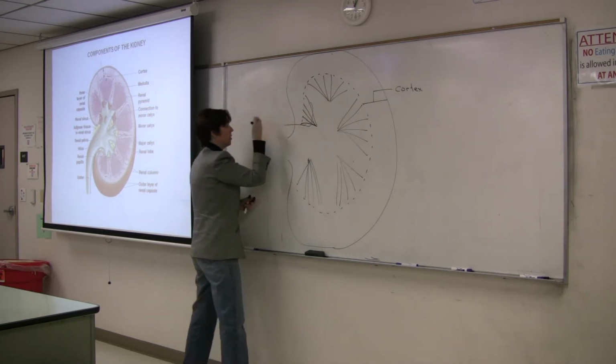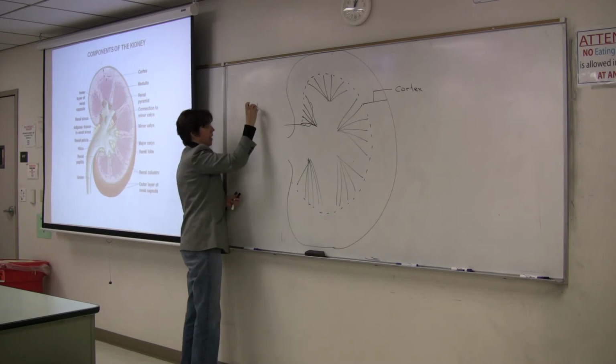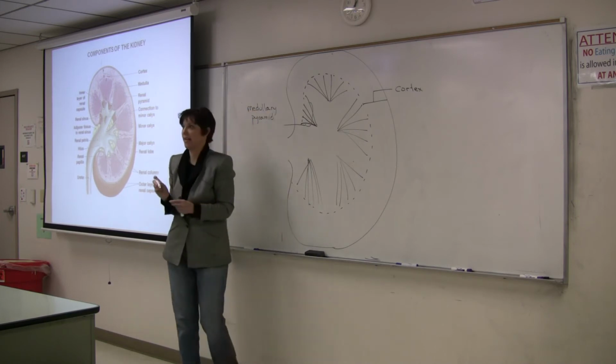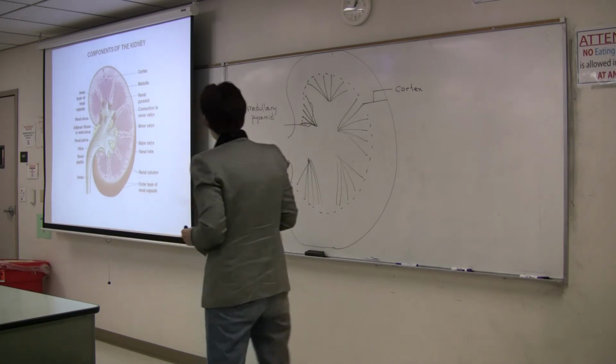So one of these structures is known as a medullary pyramid, completely different from the medullary pyramid of the brainstem, obviously, in the medulla oblongata.